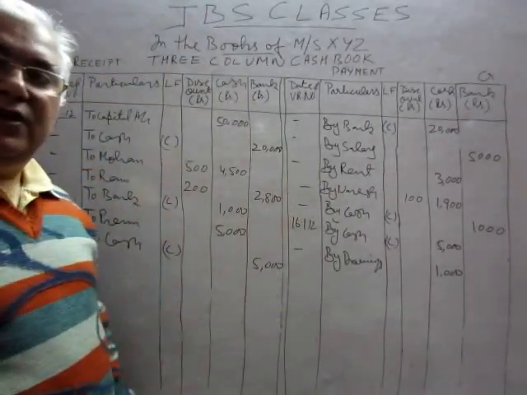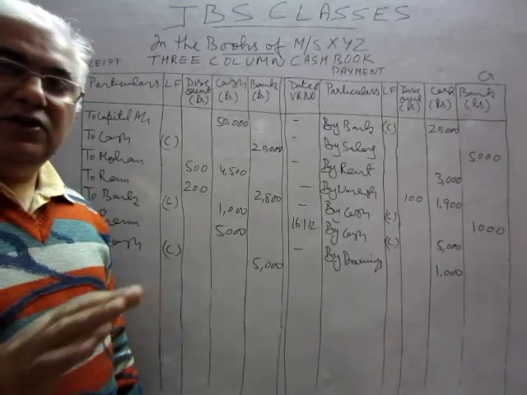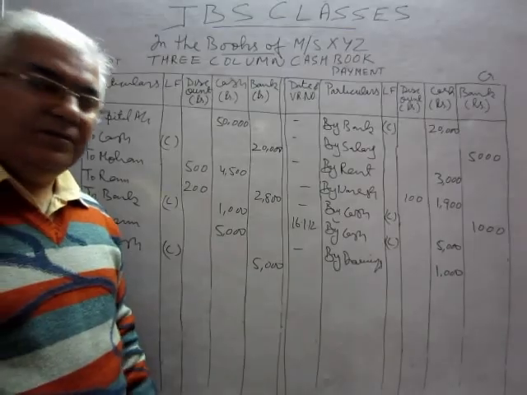Like this it works. Now at the end of the month, we'll find out the total, and whatever the balance will be carried forward to the next month. Let us see.